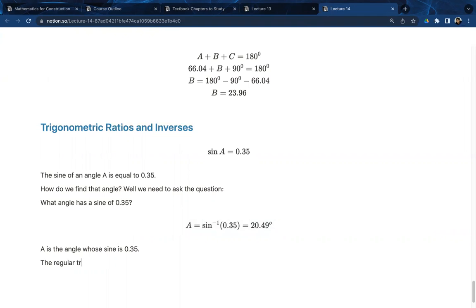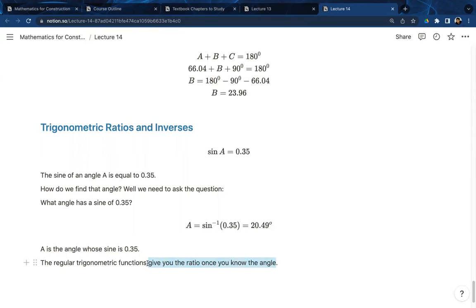The regular trigonometry gives you the ratio once you know the angle, right? So if you know the angle and you want the ratio, you use a regular trig function, right?